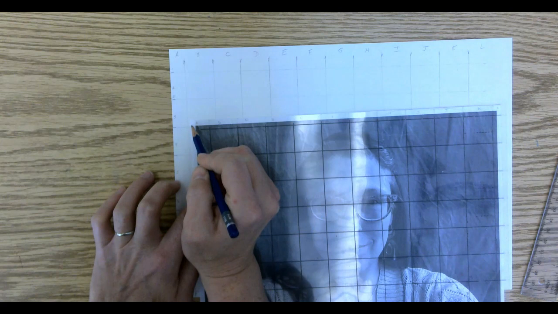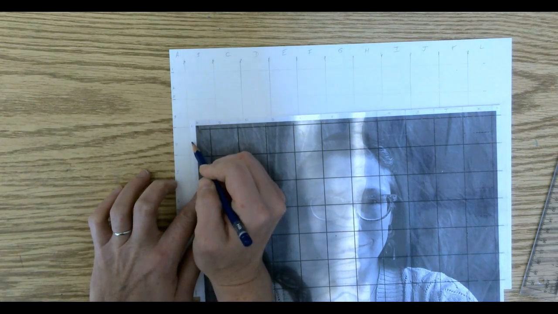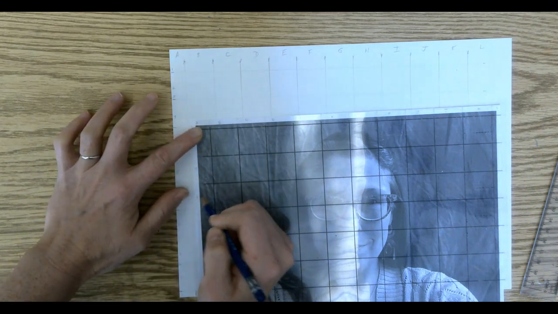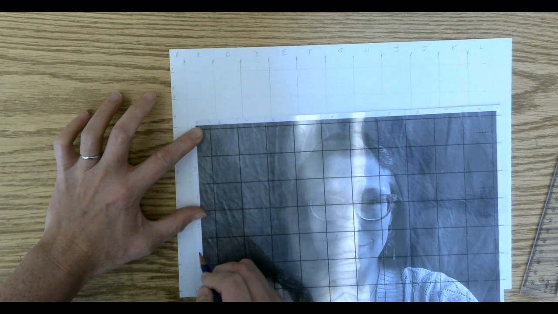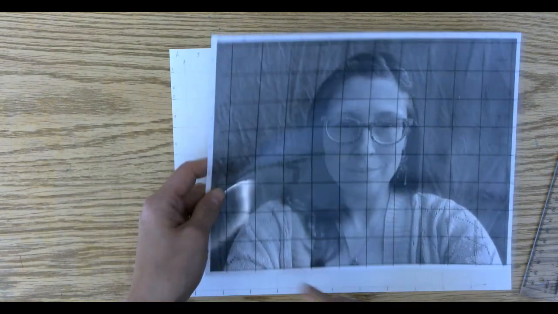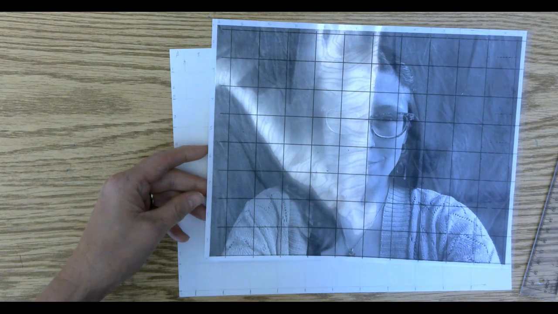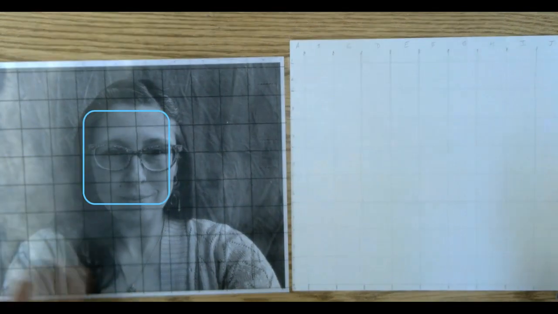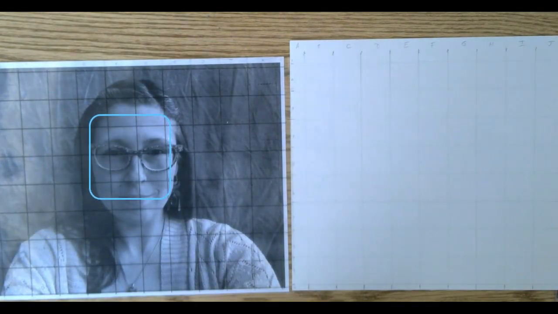All right, so I'm going to number even this little one at the top because it's what I did on my paper. 1, 2, 3, 4, 5, 6, 7, 8, 9, 10, including that little tiny one down at the bottom.